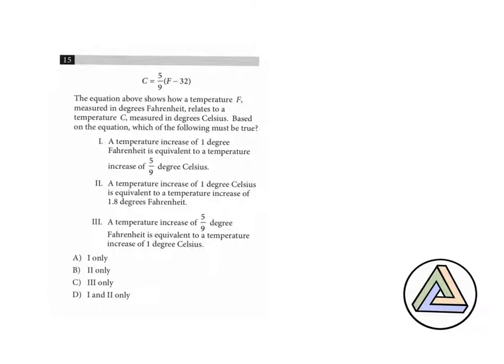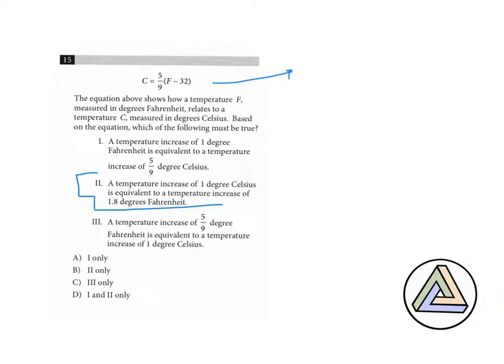All right, well, this one right here is sort of asking us to think of F in terms of C, where F is the dependent variable and C is the independent variable. If it's not clear what I'm talking about, it will soon.